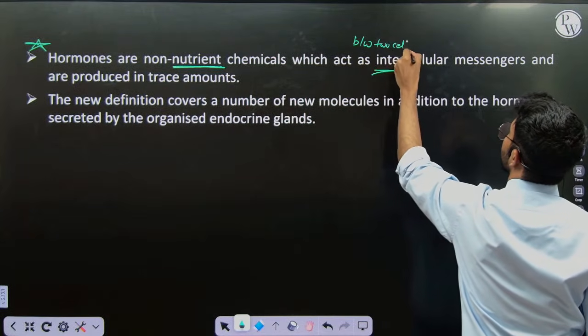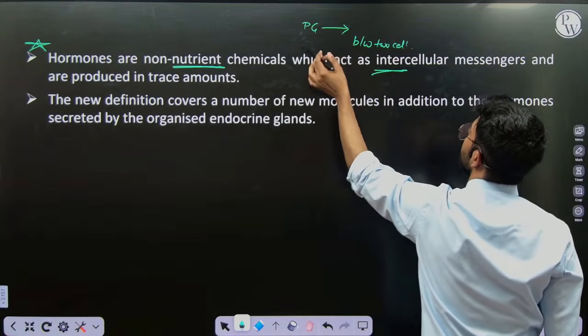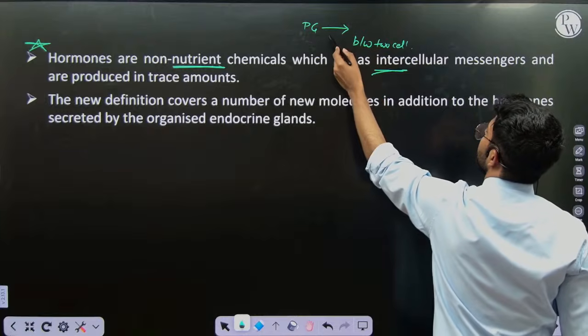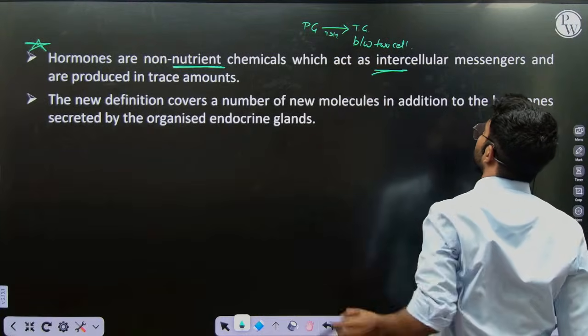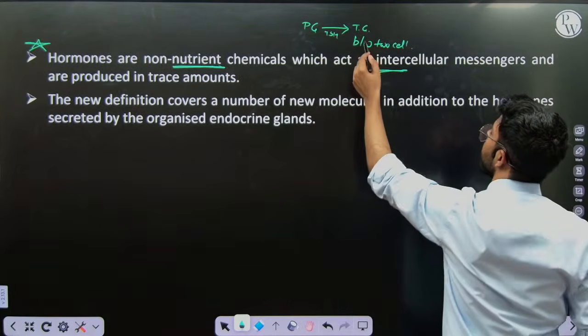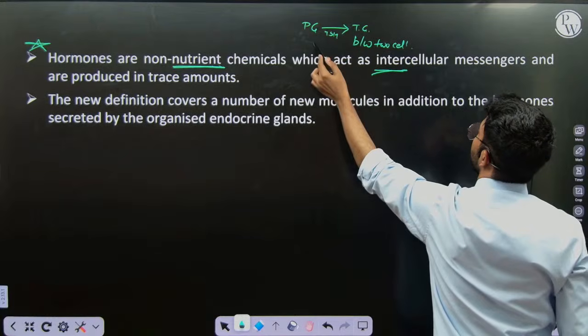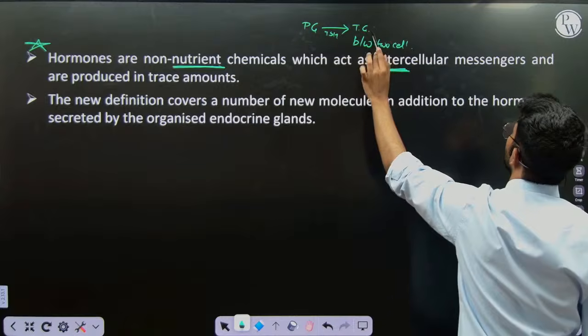two cells. If we talk about the pituitary gland, it will release hormone into the bloodstream and act. If there is a TSH, then it will act on the thyroid gland. So the pituitary gland cell and the thyroid gland cell are two different cells. That's why this is between two cells.